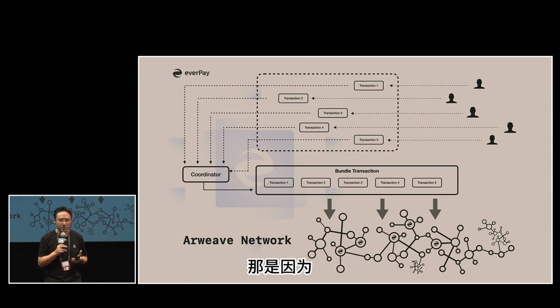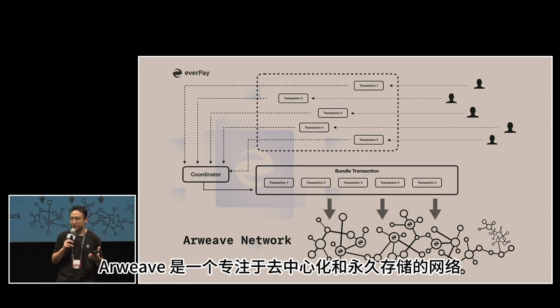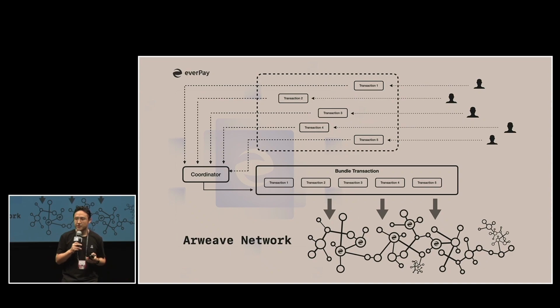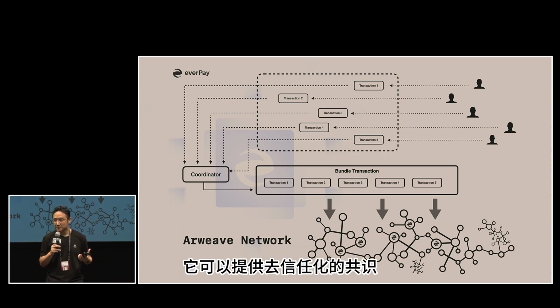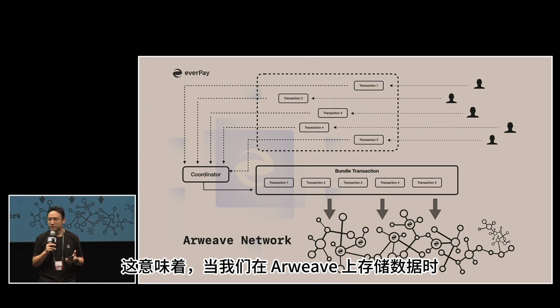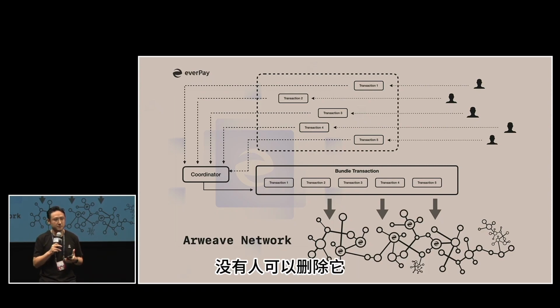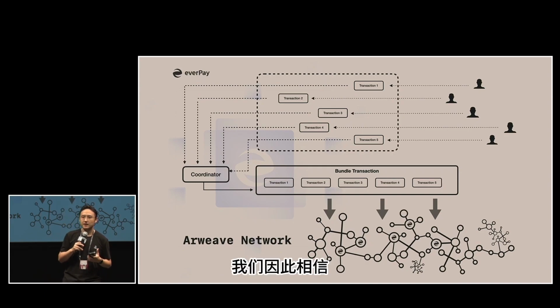That's because Arweave is a network that focuses on decentralized and permanent storage, which can provide stored data, trustless consensus. That means when we store data on Arweave, nobody can tamper with it and nobody can delete it. So it is trustless consensus.